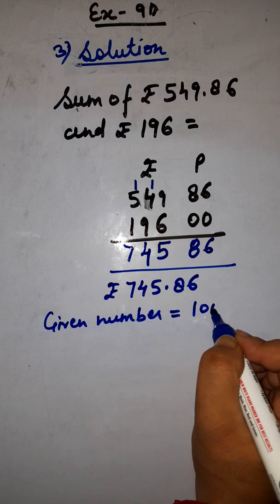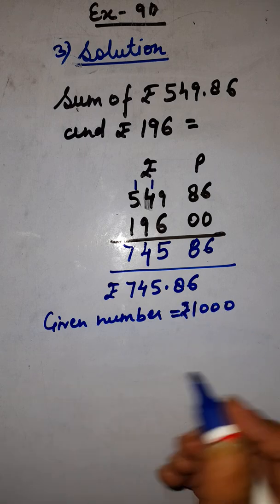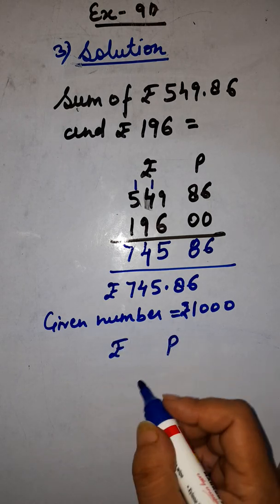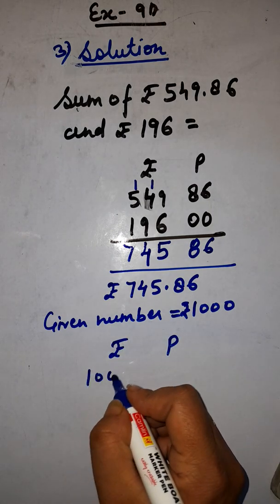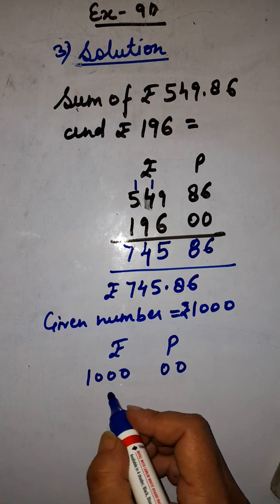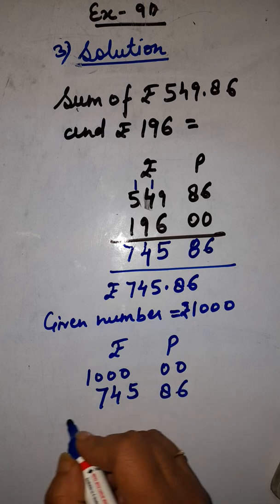Given amount is rupees 1000. So we will subtract rupees and paise. Now we'll write here 1000 rupees and we have 0 paise. So next is 745 rupees and 86 paise.